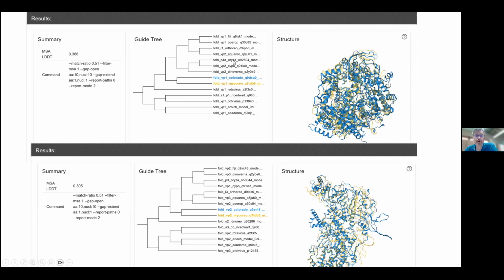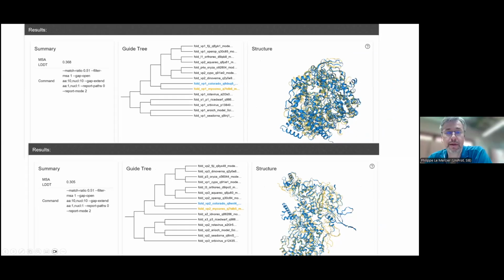For this, we already have a tree based on the conserved active site, but we can also make a tree of the whole protein, a huge structural protein. And it pretty much follows what we know from the active site, except for rotavirus. We are investigating that, but it's really clean.